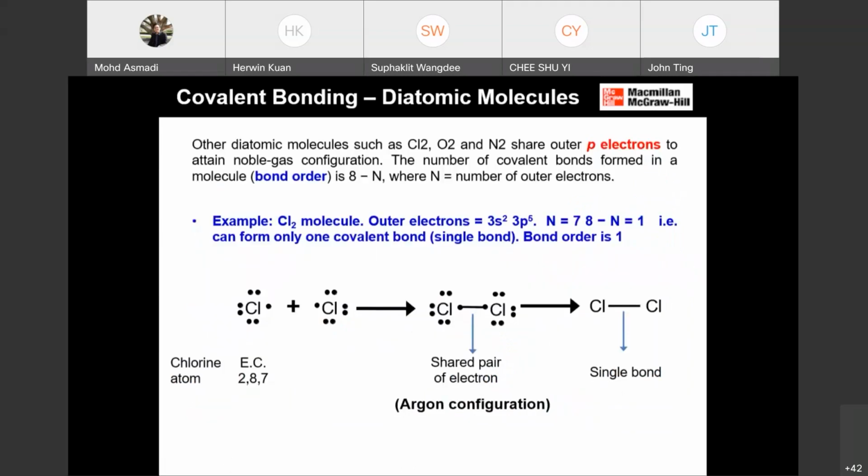Another example is Cl2, O2, N2, with the p electrons at the outer shell. Here they are sharing electrons, one electron each, and they become the opposite state, a single bond.